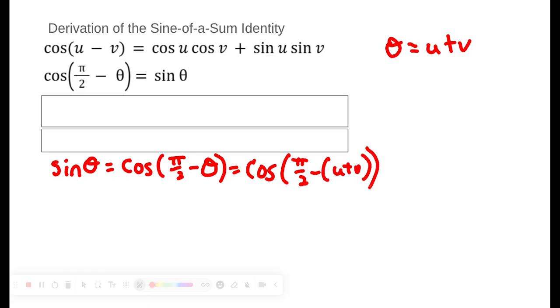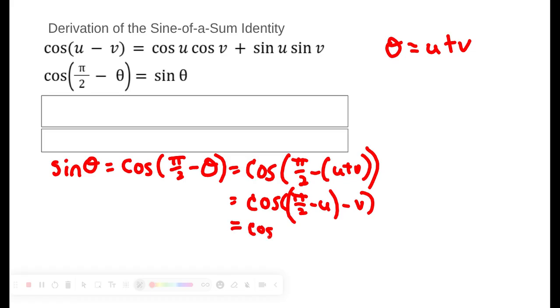Now let's incorporate this into the formula above. We have the cosine of pi over 2 minus u minus v, and that can be rewritten using the formula above.